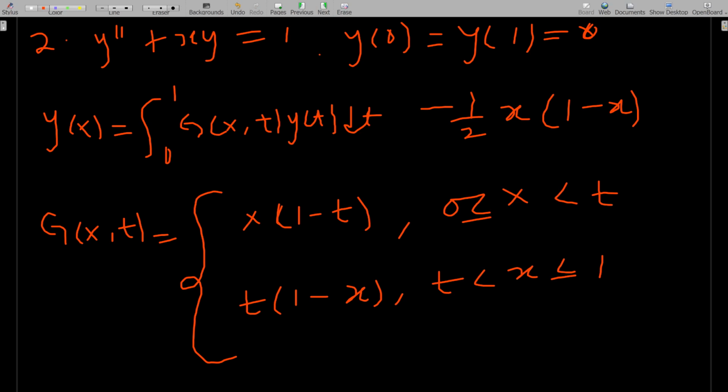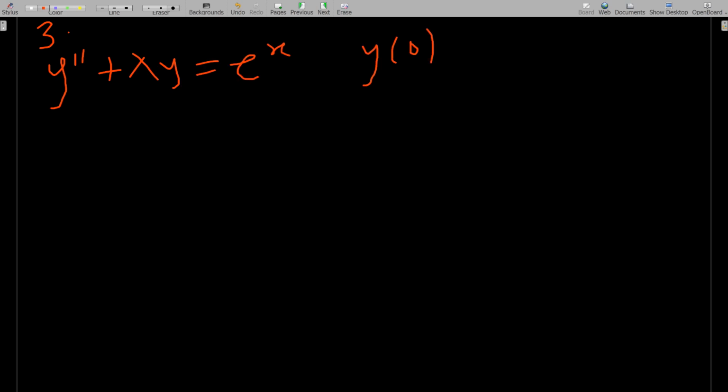Now the third one, let me give you a third one, and all of these, kindly go through them, so that you get all kinds of questions that can come. Plus lambda y equals e to the x, subject to y of 0 equal to 0, equal to y prime of 0. These conditions are really tricky. It's equal to y prime of 1, so y of 0 equals y prime of 0, and y of 1 equals y prime of 1.